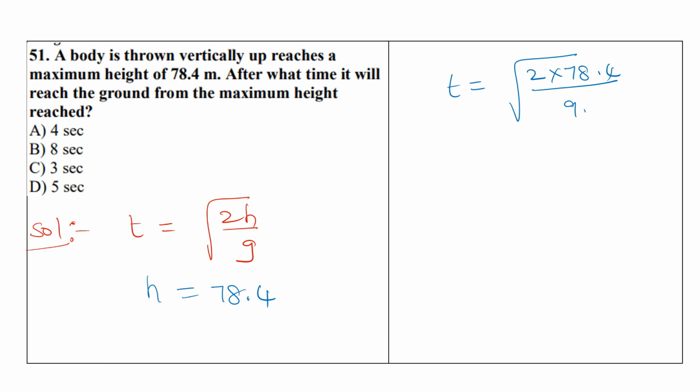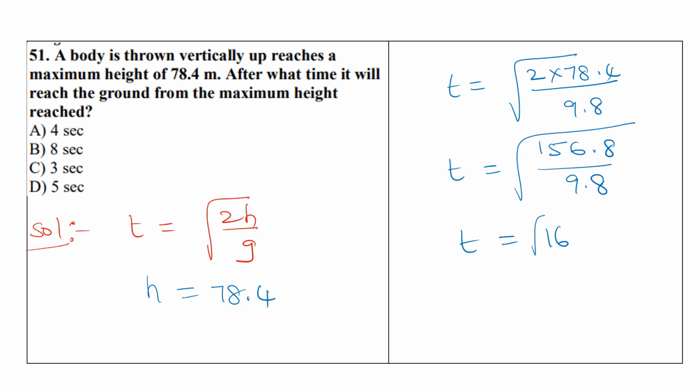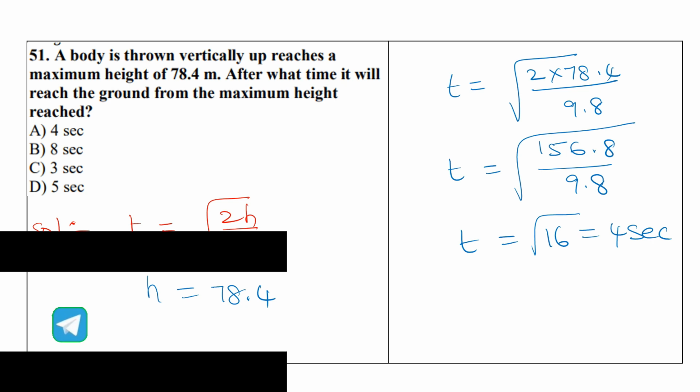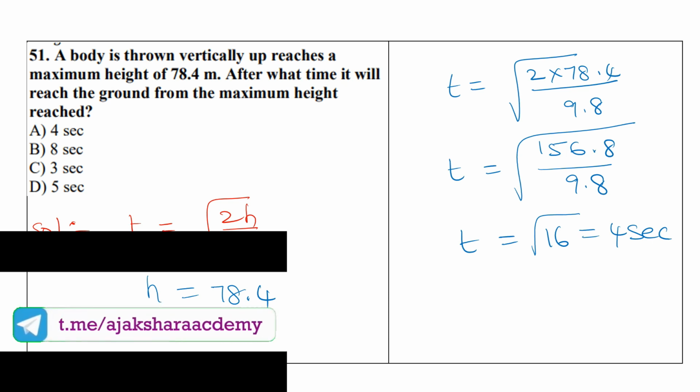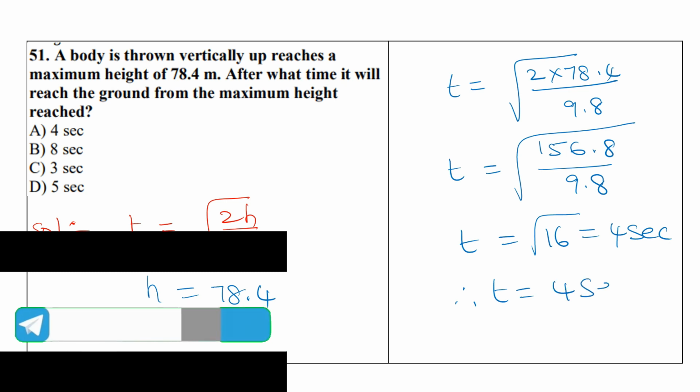Here we have to take g as 9.8. So t is equal to root of 78.4 into 2, that is 156.8, by 9.8. If we cancel, 9.8 into 16, so root 16 is equal to 4 seconds. So the time taken to reach the ground from the maximum height, t, is equal to 4 seconds.